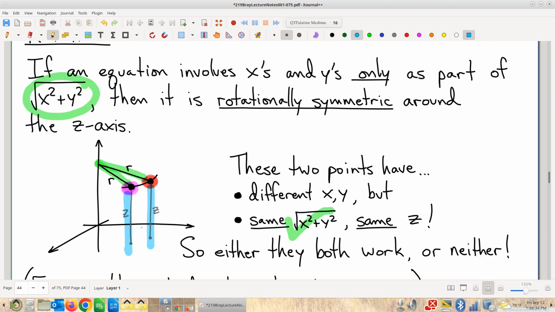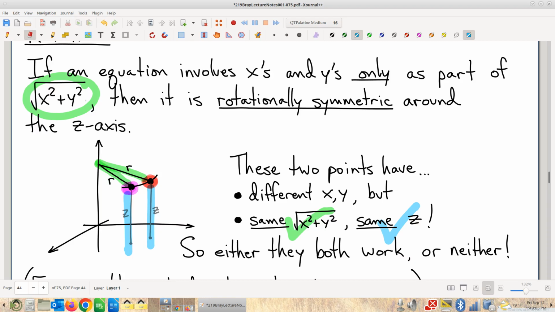If you're rotating around the z-axis, these two points have the same z. So as far as what you put into the equation is concerned, these two points behave the same, simply by knowing that they satisfy that property. And so these two points either both work or neither of them works, but they always agree. And if you think about it, that means the set in question has to be rotationally symmetric. So it's a really nice little observation.